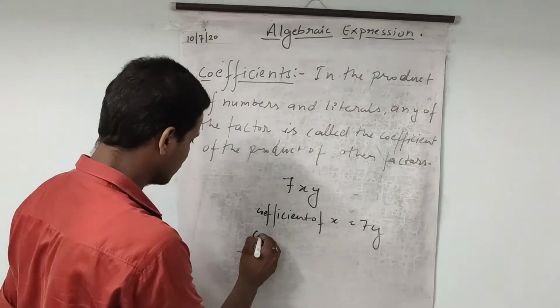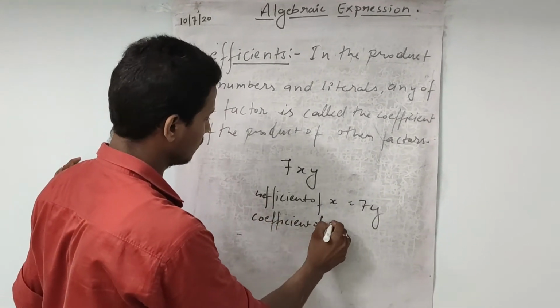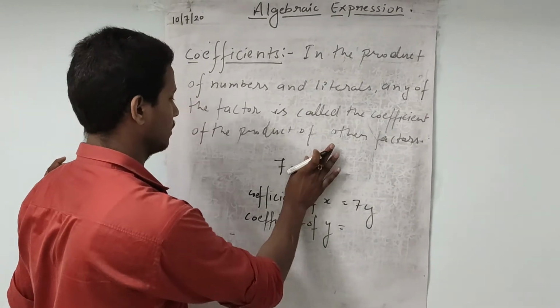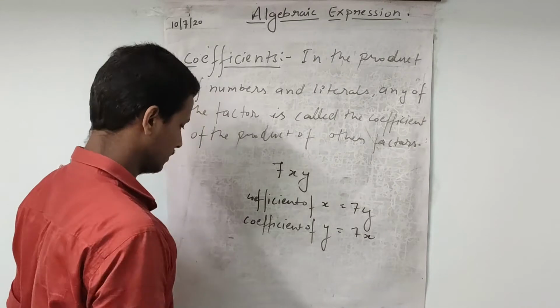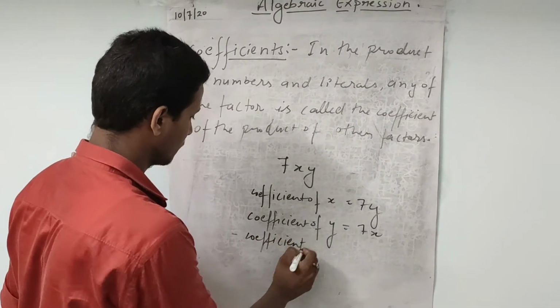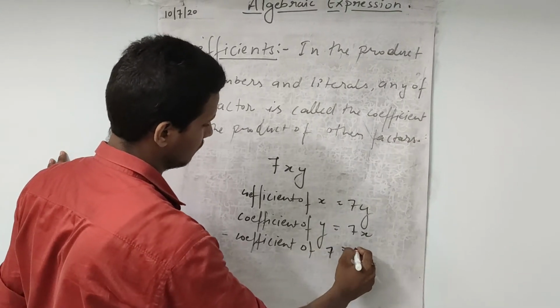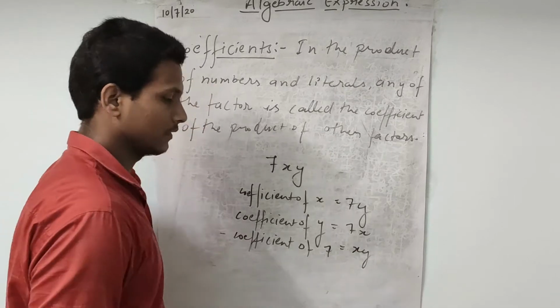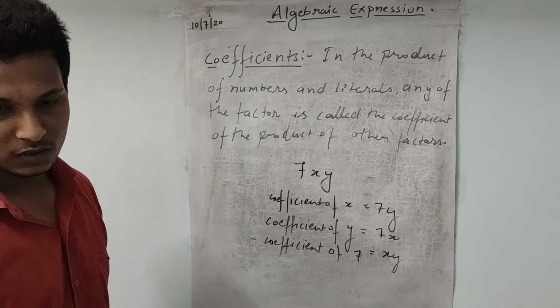If it is asked the coefficient of y, then hide the y and the remaining is the coefficient, so 7x. If it is asked the coefficient of 7, then xy is the coefficient of 7. In this manner we are going to find coefficients.